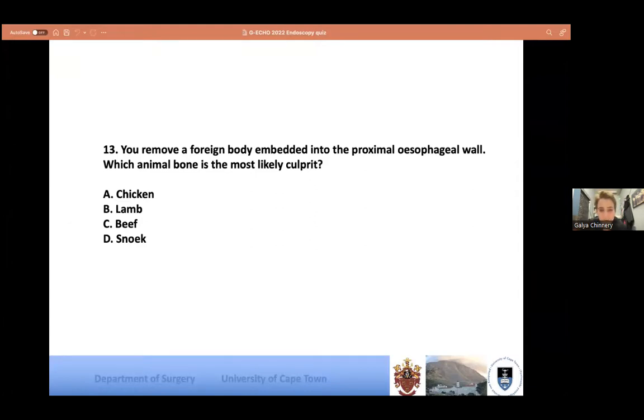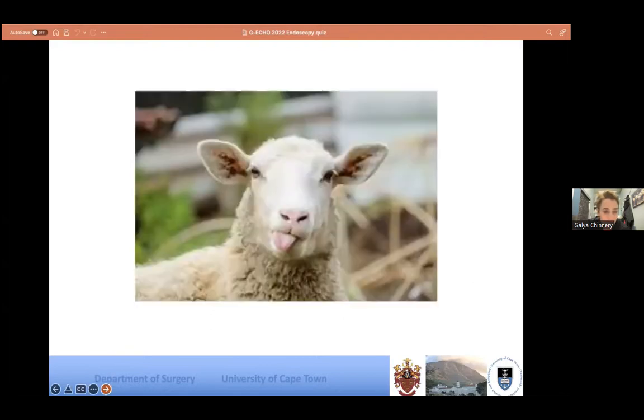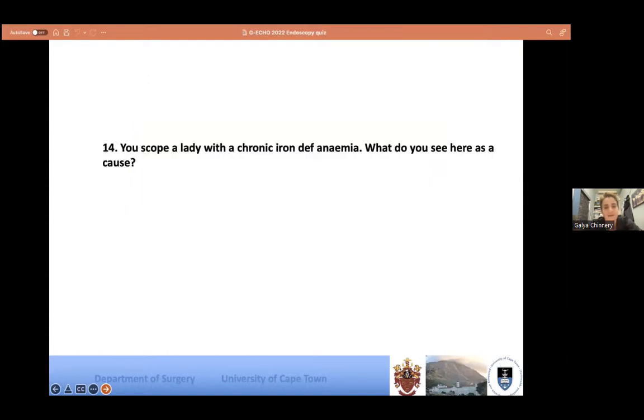Nobody chose beef. Yeah, I've never seen a beef one either. That's what it was, lamb. The biggest culprits as regards food, what we see bone-wise, is always a lamb bone. Don't know why.